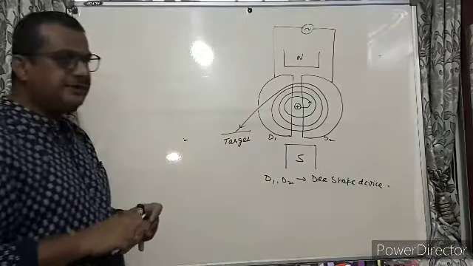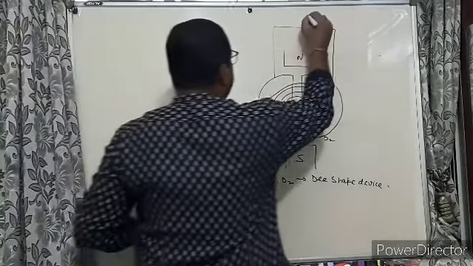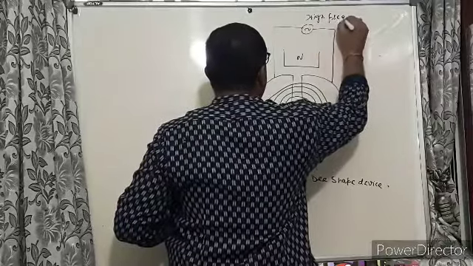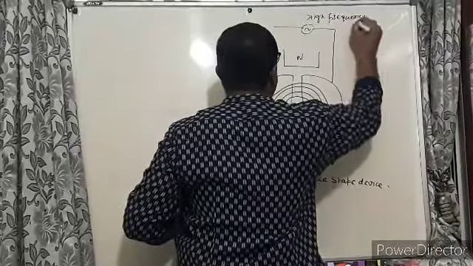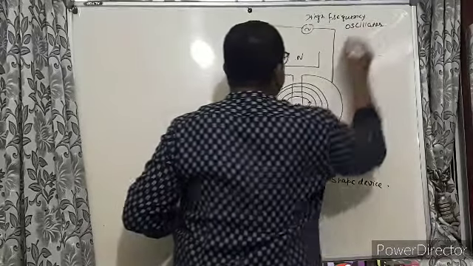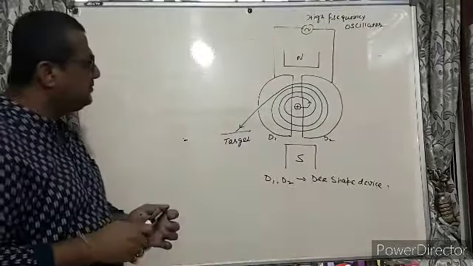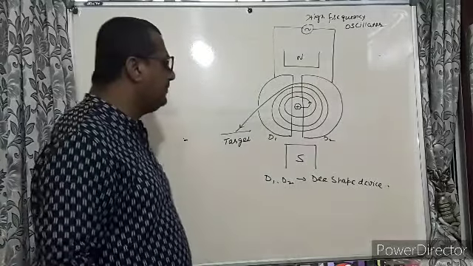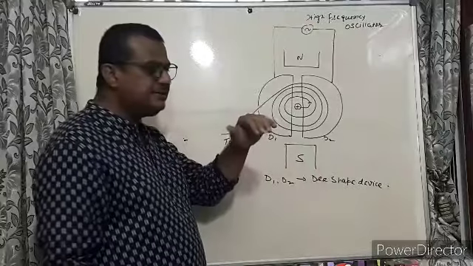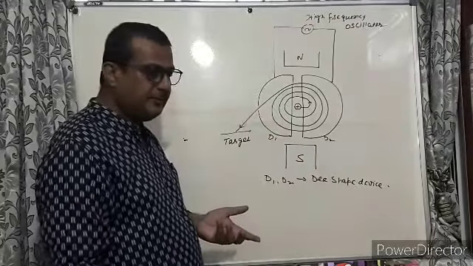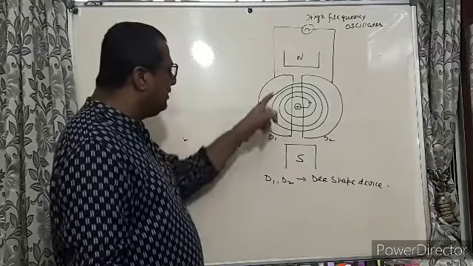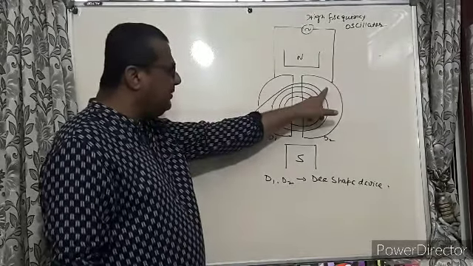It is connected with a high frequency oscillator. High frequency oscillator means this is an oscillator. It produces high frequency, and polarity changes after a certain interval. Suppose that instantly when it is switched on, one will be positive and the other will be negative.